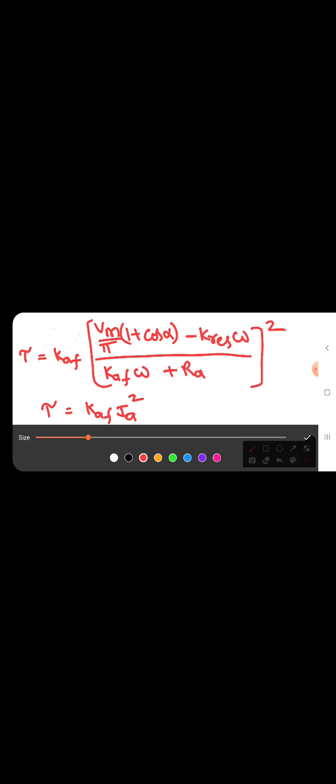Tau is equal to KAF into Ia square. So you can write the torque equation where torque tau is given by KAF into Ia square.